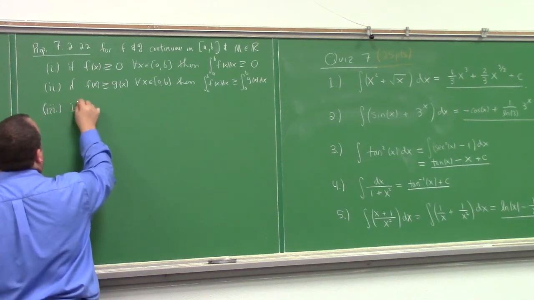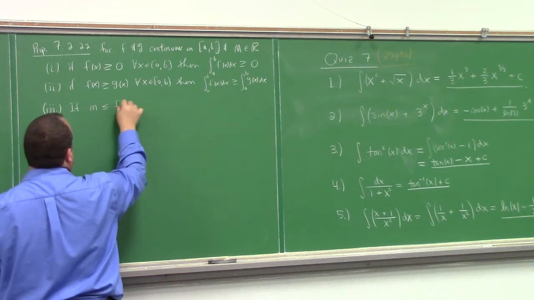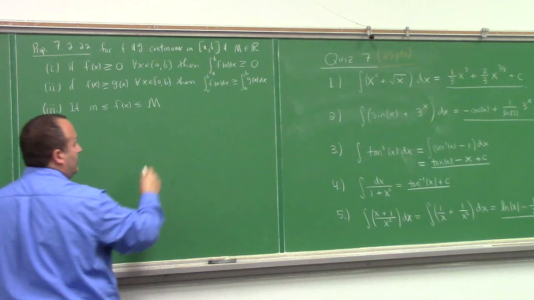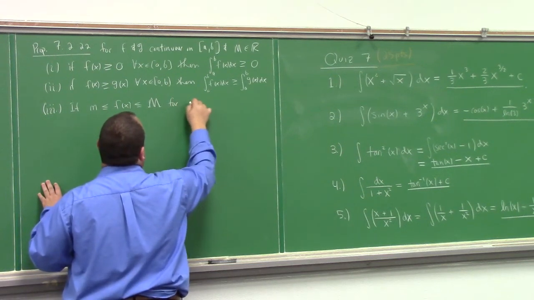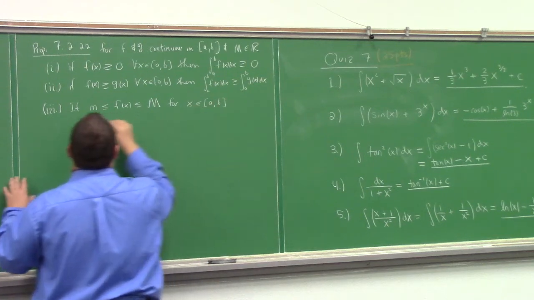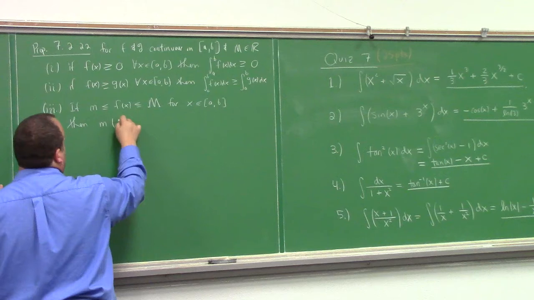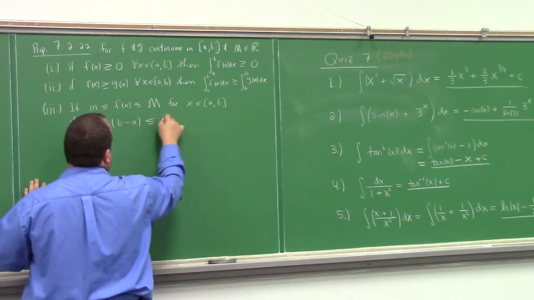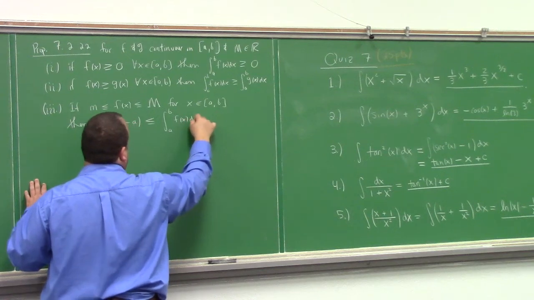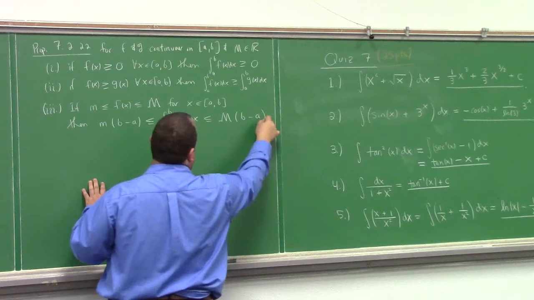If f is bounded by little m less than or equal to f of x less than or equal to big M, for x in the closed interval from a to b, then guess what? Little m times b minus a is less than or equal to the integral from a to b of f of x dx is less than or equal to big M times b minus a.